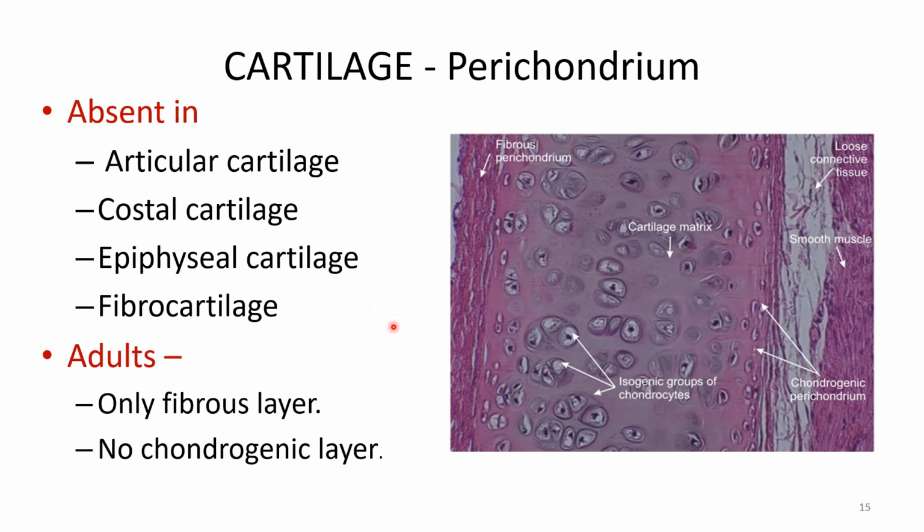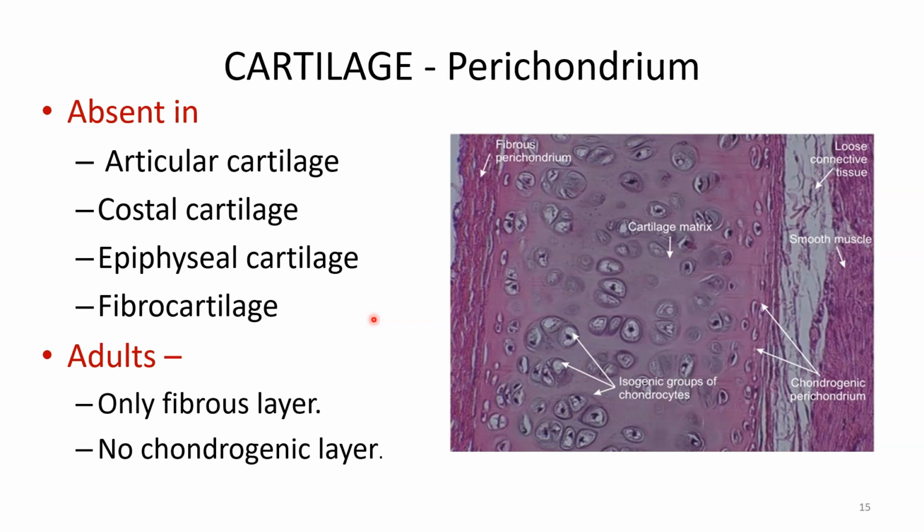And it is also absent in the fibrocartilage. That is the one which you will find in relation with the intervertebral discs. You will find the intervertebral discs in between the two vertebral bodies, which contain the fibrocartilage.